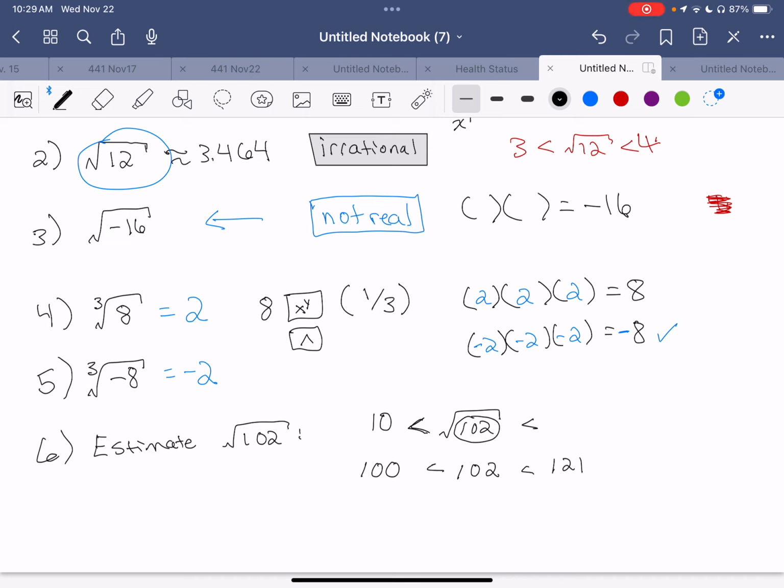So the square root of 102 will be between 10 and 11. So they're looking for these answers. It's good practice to be able to think about it. If you see square root of 102, you can roughly picture in your mind, well, that's approximately 10. It's a little more than 10. All right, that's it. Enjoy.